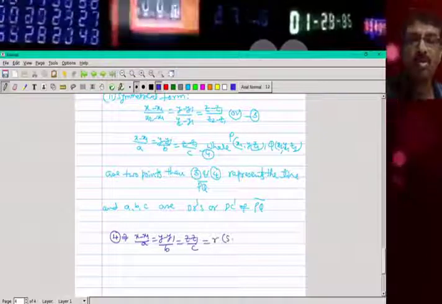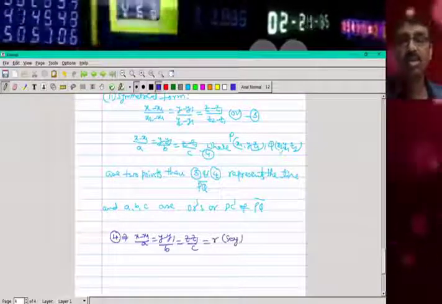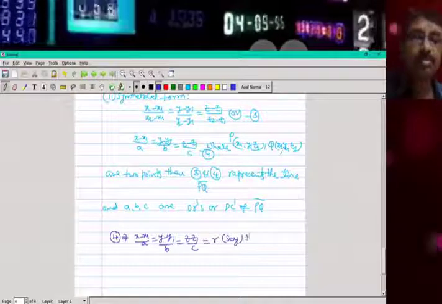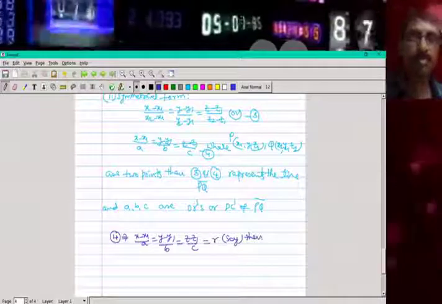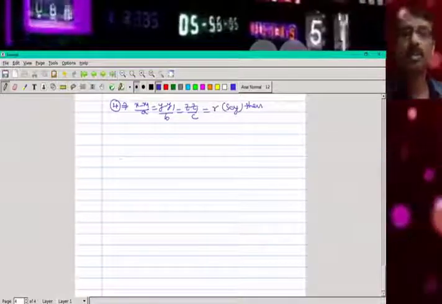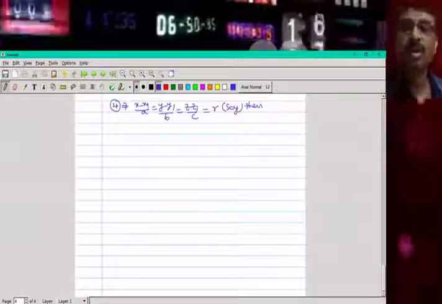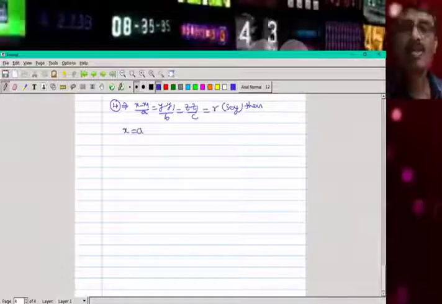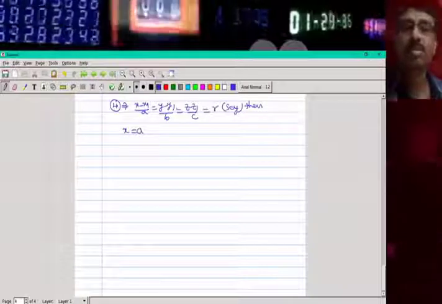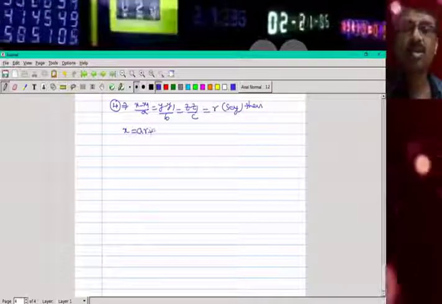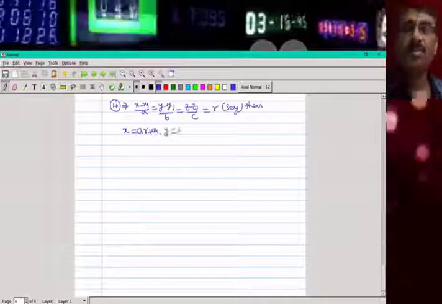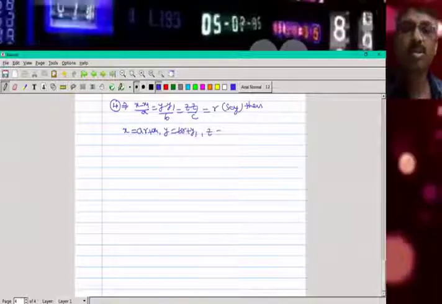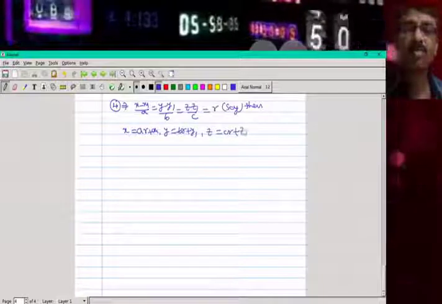Say if the three ratios are equal to some number r, then we can write x equals ar plus x1, y equals br plus y1, z equals cr plus z1.